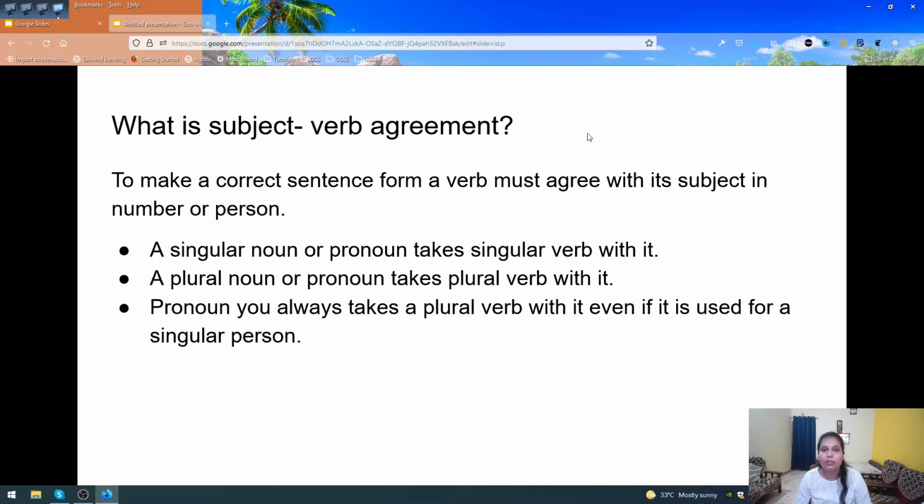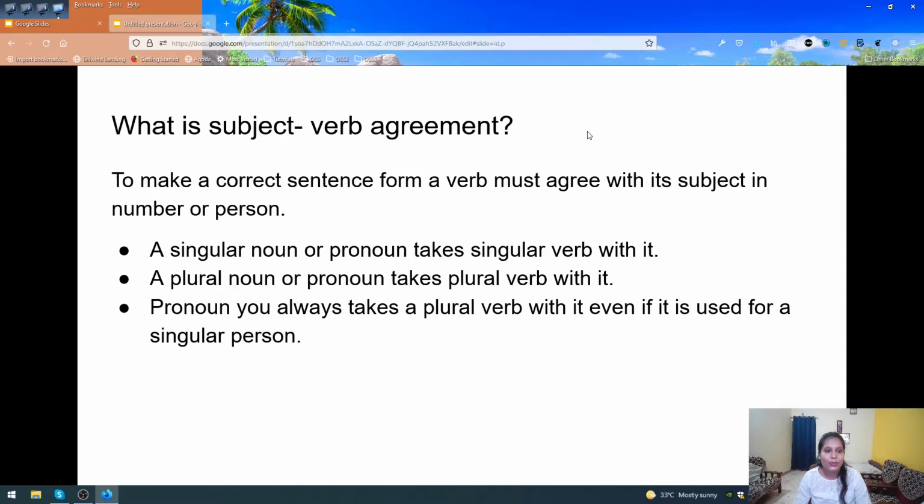A sentence is always divided into two parts, subject and predicate. If you want detailed knowledge on this, I have one video on parts of sentences. Please go through that so that you will be able to understand this video clearly.